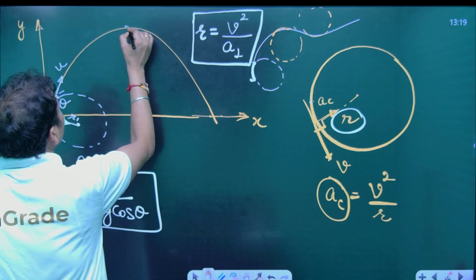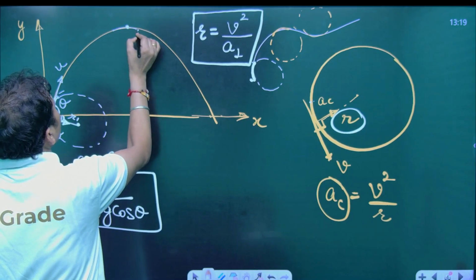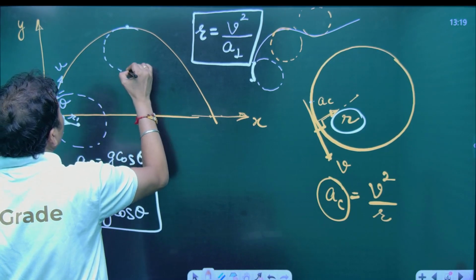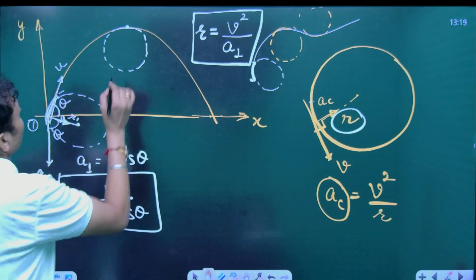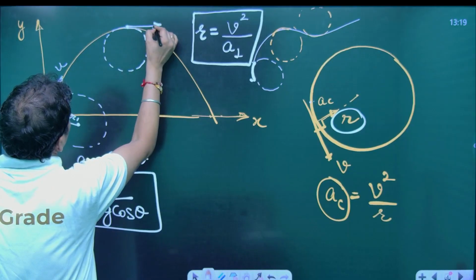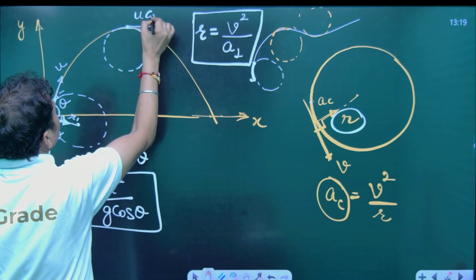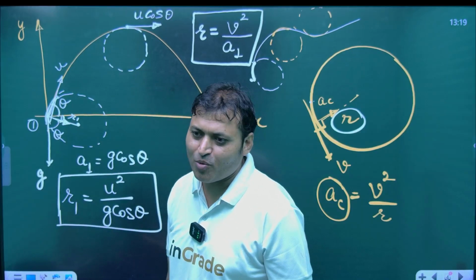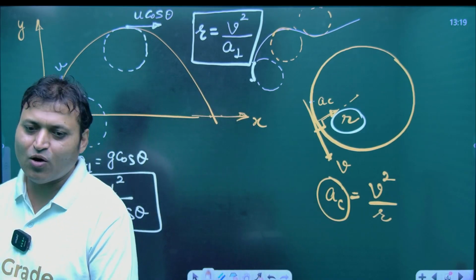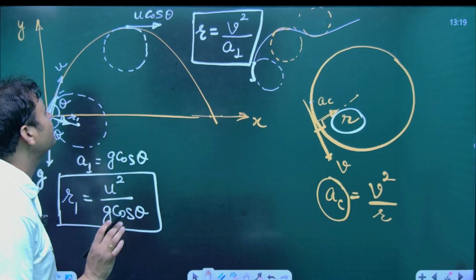At the highest point, this curve can also be taken as an arc of a circle. At the highest point, the direction of velocity is only horizontal, that is u cos theta. I hope that you already remember, at the highest point there is no component of velocity in y direction. The only component of velocity is in x direction.